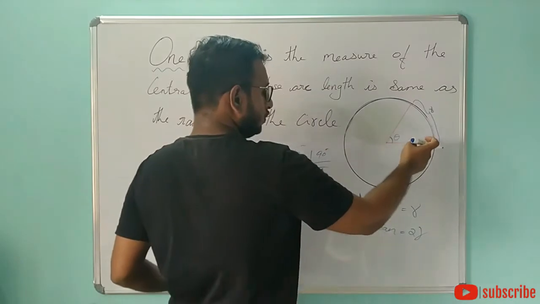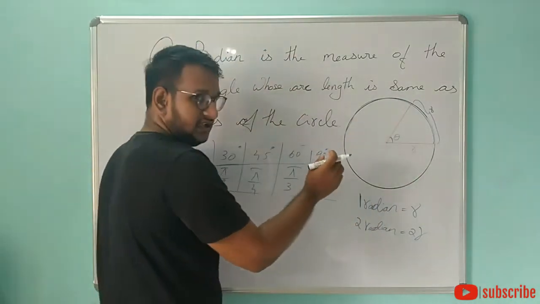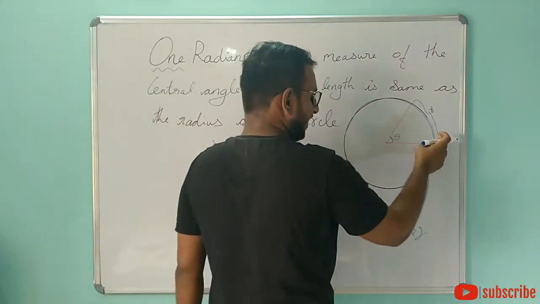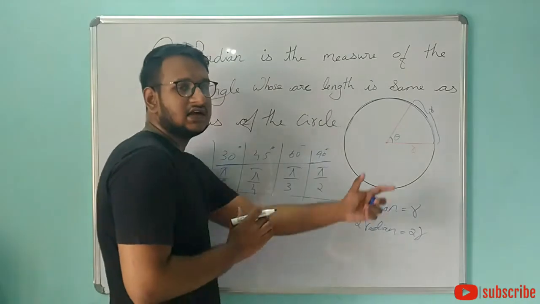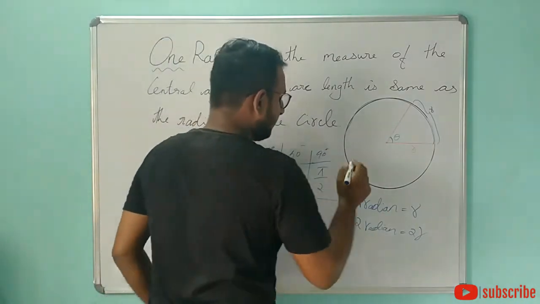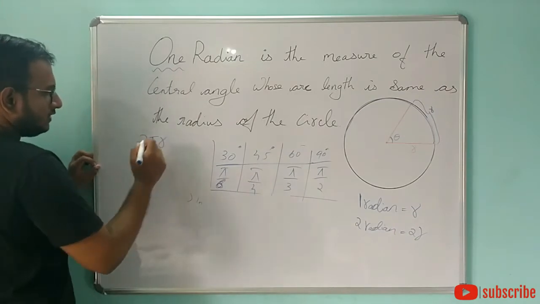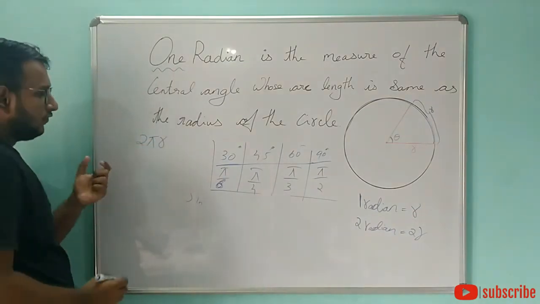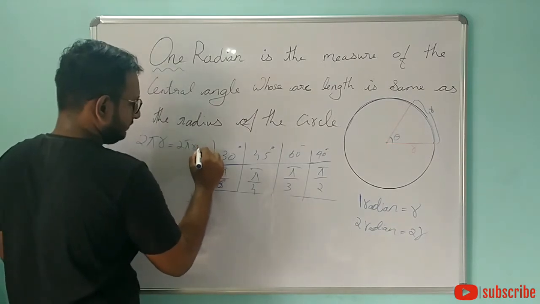If we want to know the angle of the full circle, that is 360 degree, in radian, we take the arc length of the whole circle, which is the circumference of the circle, 2 pi r. I will write over here 2 pi r. For the arc length 2 pi r, we will have an angle of 2 pi radian.